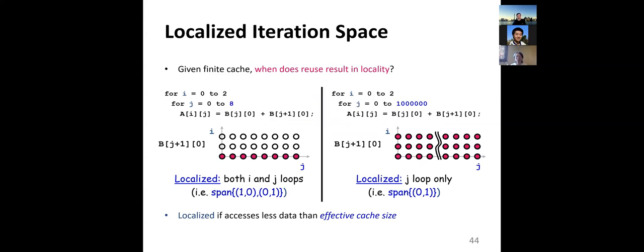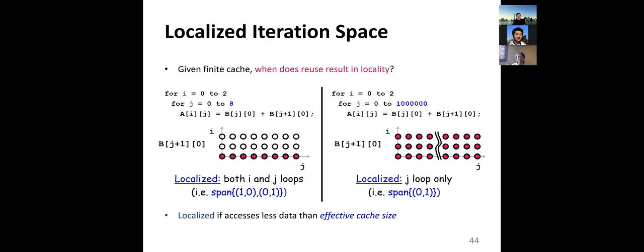How about the localized iterations, please? So given the finite size case, finite cache capacity, when does reuse result in locality? Remember, right now we defined what the reuse means, right? But at the end of the day, we want that reuse to give us locality from which we're going to get benefit.